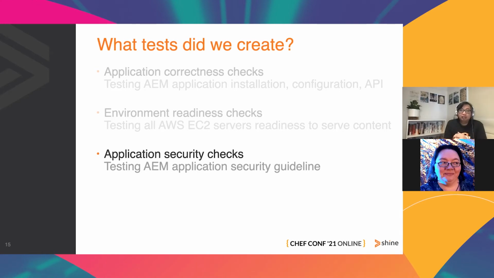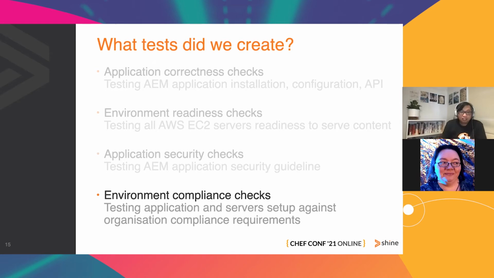AAM does have a security guideline, which was followed manually by the team doing the review previously. So we attempted to code each of these security items and turn it into a set of Inspect tests.